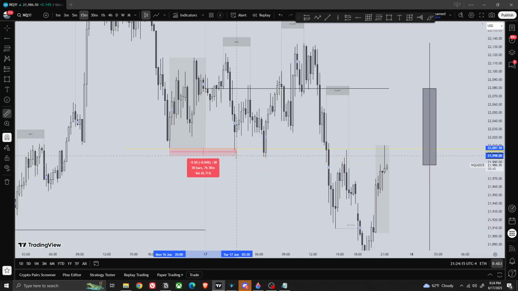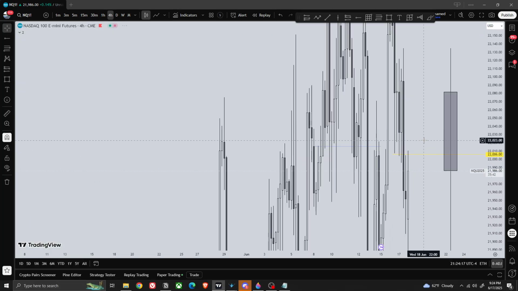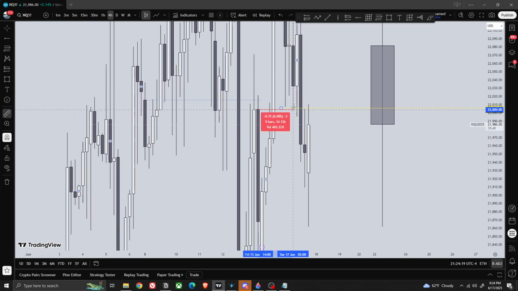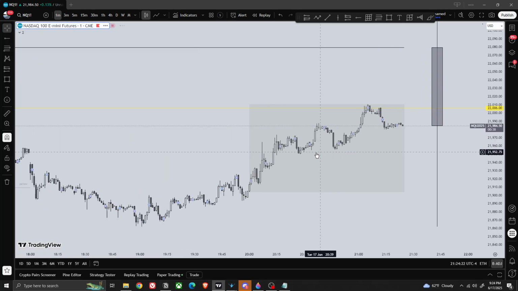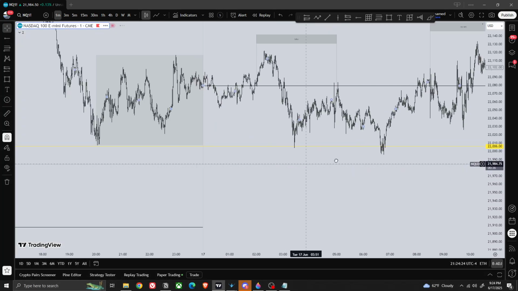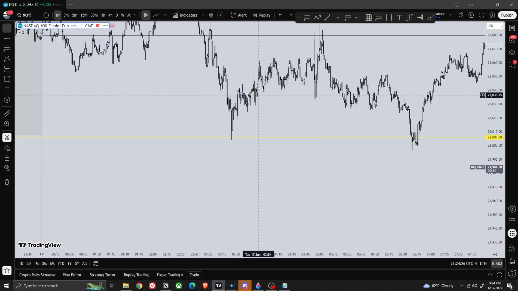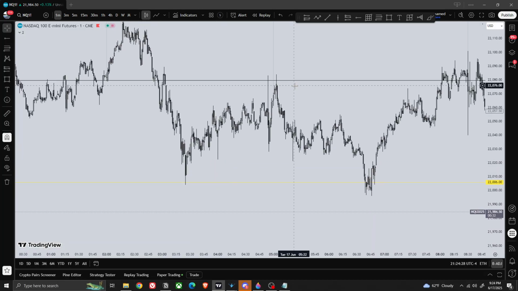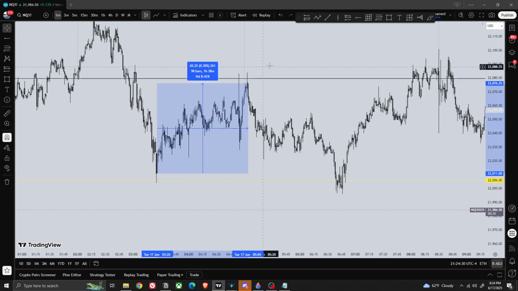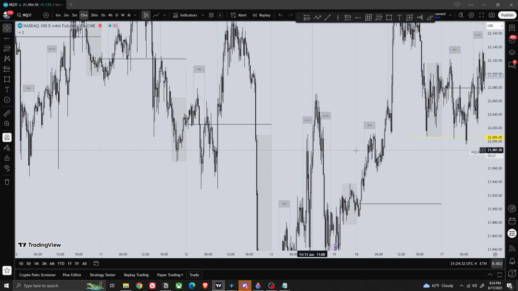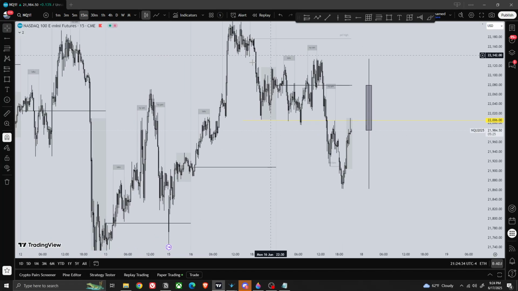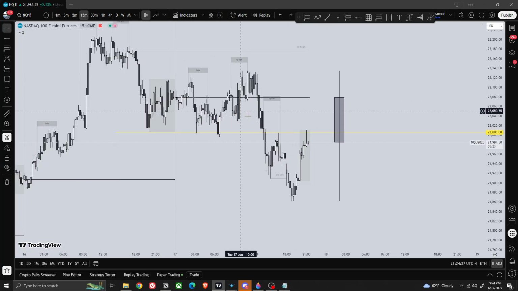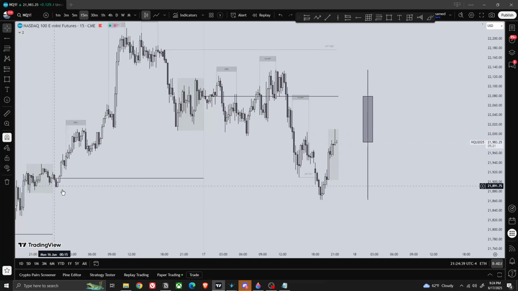We swept liquidity here, and I think there was an order block. Yeah, there was a 4 hour order block. So there's a lot of things aligning, and you could have these levels stacked with ICT imbalances, and you could catch pretty big moves with it. You can catch small moves, but if it aligns with standard deviations, it's going to be really, really good. So yeah, that's pretty much it.